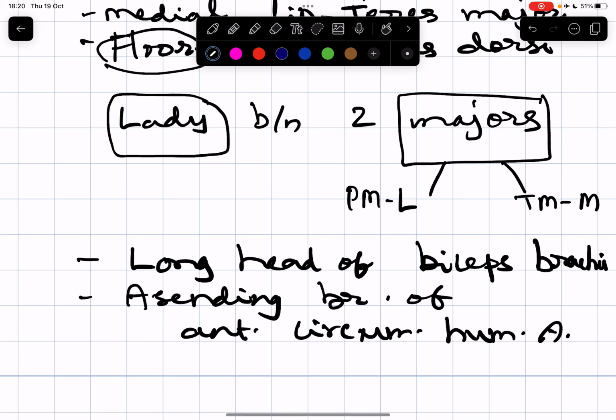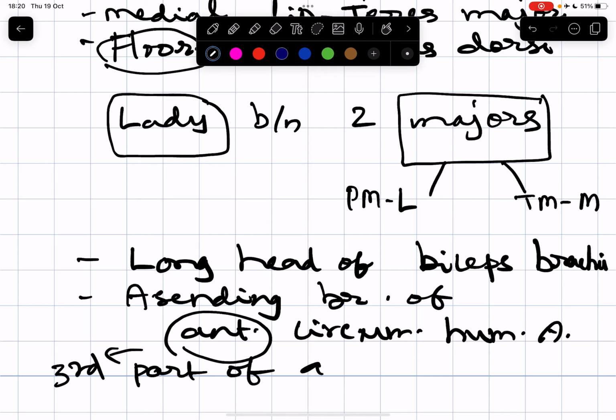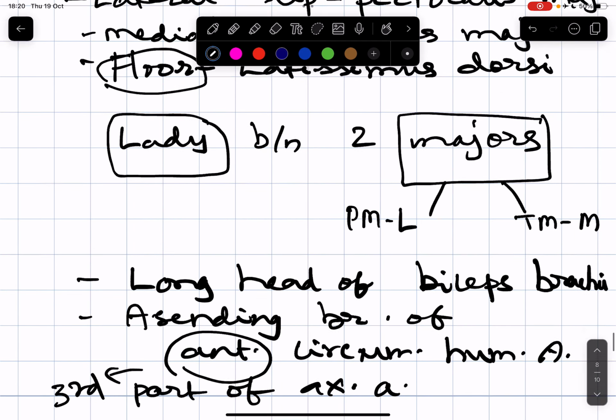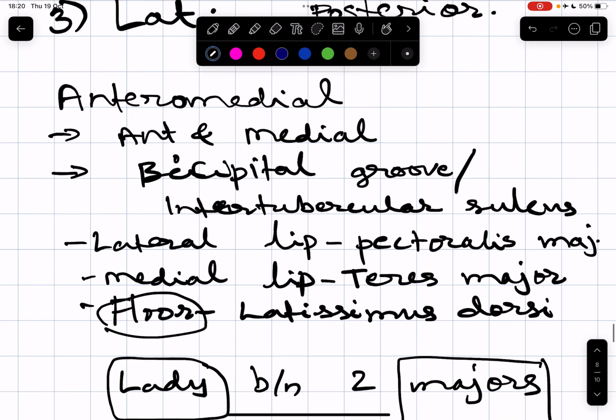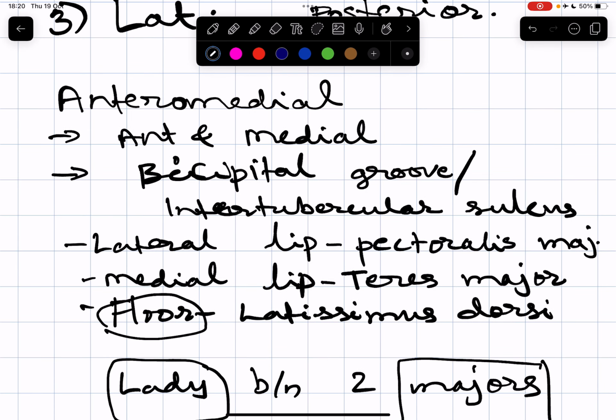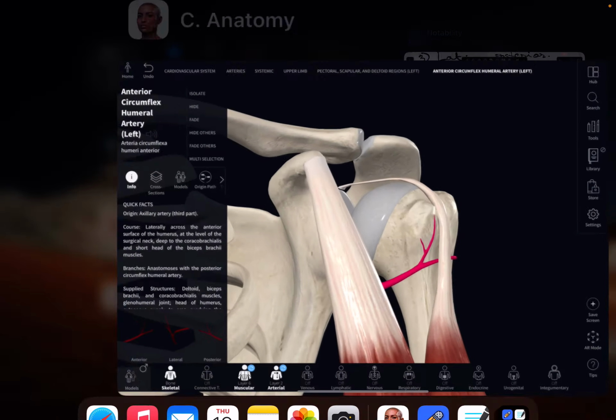So anterior circumflex humeral artery comes from the third part of axillary artery, isn't it? So these are the contents of the bicipital groove. That is, the upper third of the anteromedial surface has this bicipital groove, and these are the details about the bicipital groove. Okay, now coming to the middle of the shaft of the humerus.